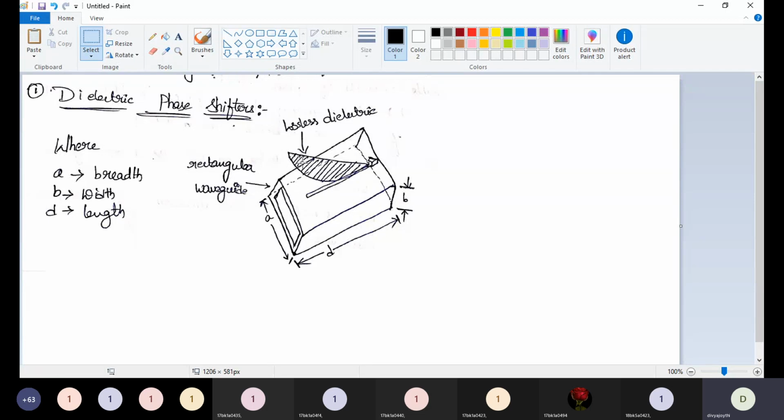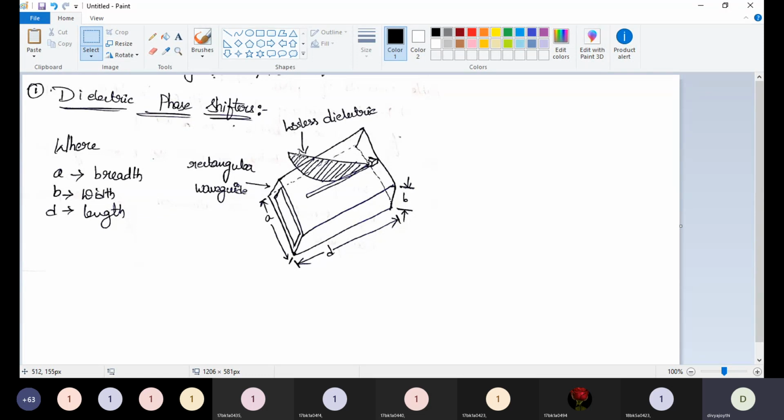For example, up to this part, that means 3/4 of the dielectric is introduced at this point, imagining that at this point the maximum electric field can be obtained. As you introduce the dielectric at this maximum electric field, you will get a phase shift of beta for insertion of 3/4.